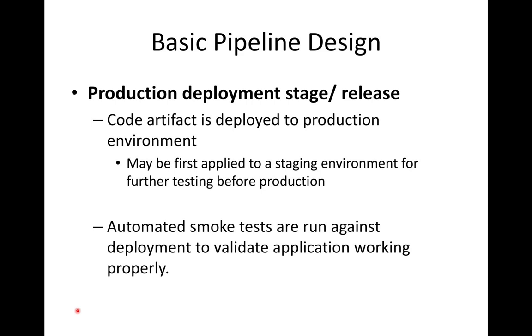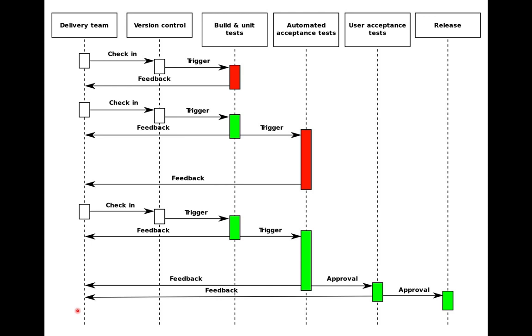Smoke tests are very lightweight tests that validate some basic end-to-end functionality of our platform. And they serve as a signal that our application is working properly and is ready to be deployed to a production environment. So those are the basic stages that you'll find in a pipeline.